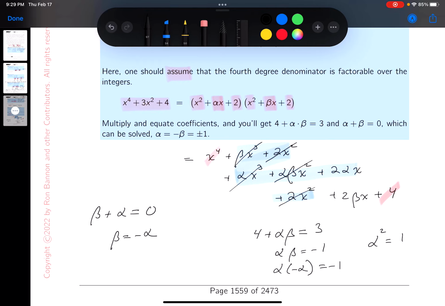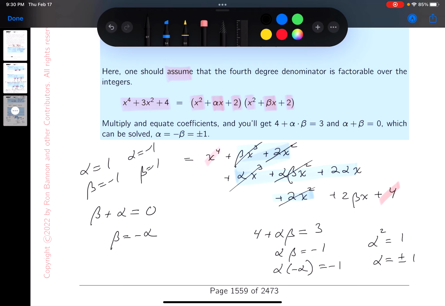So then alpha could be plus or minus 1. What's nice about this is I got relationships all over the place to play around with. If alpha is 1, then beta would be minus 1. And if alpha was minus 1, beta would be 1. So I think I got it.